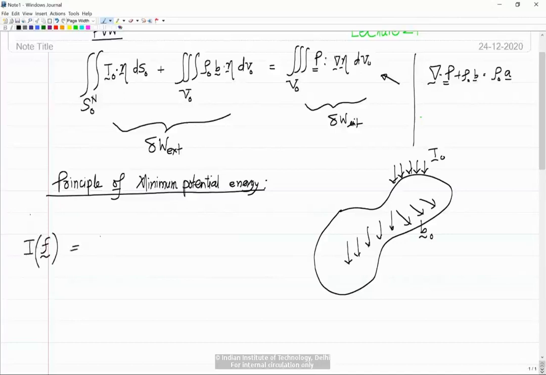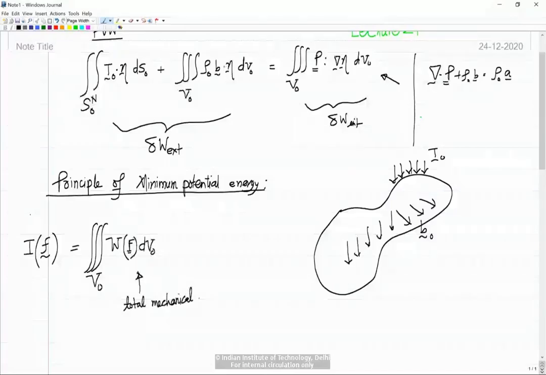So this potential will be equal to the stored energy of the system, or the strain energy of the system, for which you have to integrate over the volume. Okay, so this is the total mechanical energy for an elastic problem, we can say mechanical stored energy, and it's also called internal because it's in the body.